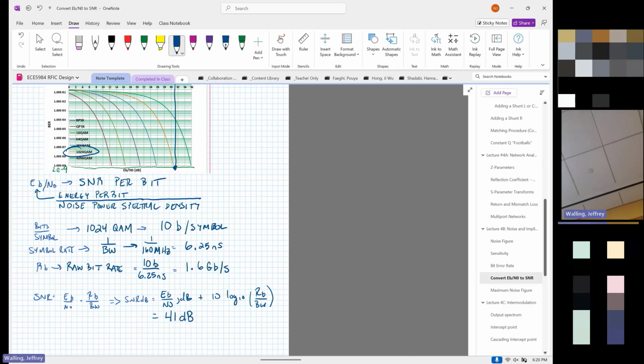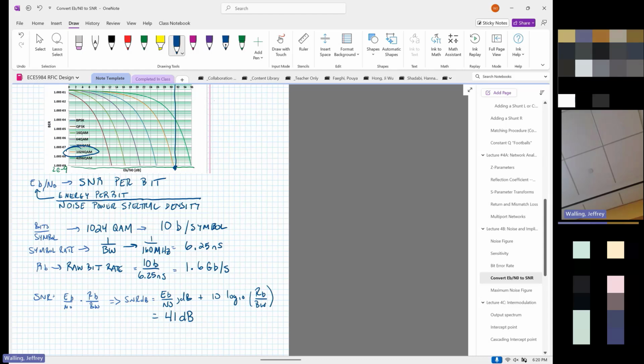Now, I'll point out that Wi-Fi and almost all communication standards have what they call MCSs, or modulation and coding schemes. So this is one of the higher data rates that you can send. Most Wi-Fi systems can vary the bandwidth, so they can go all the way down to 20 megahertz. In fact, some of them can go down to 5 megahertz.